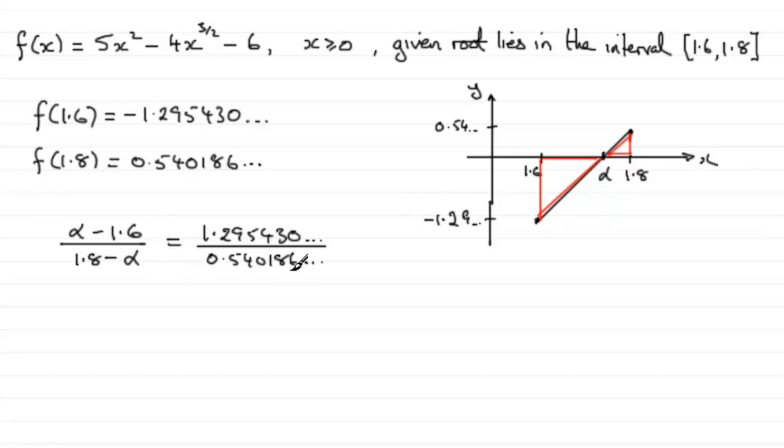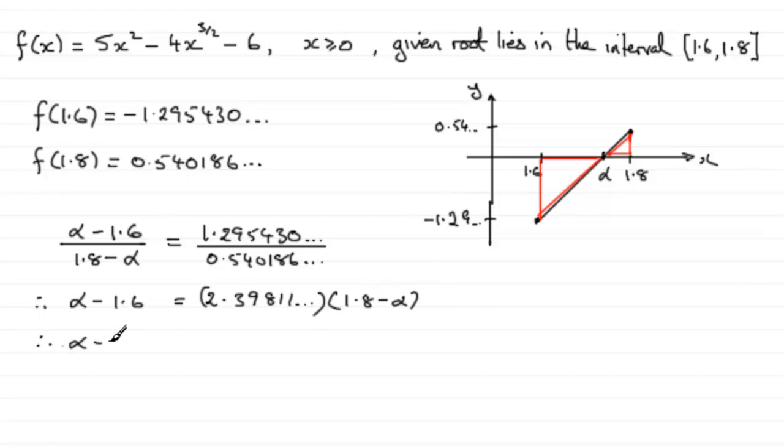So all we need to do now is just solve this equation for alpha. Obviously there's many ways that you could do this. What I'm going to do is multiply through by 1.8 minus alpha and also do this division here. If you do this division, what we end up with is a value of 2.39811 and so on, and that is now multiplied by 1.8 minus alpha.